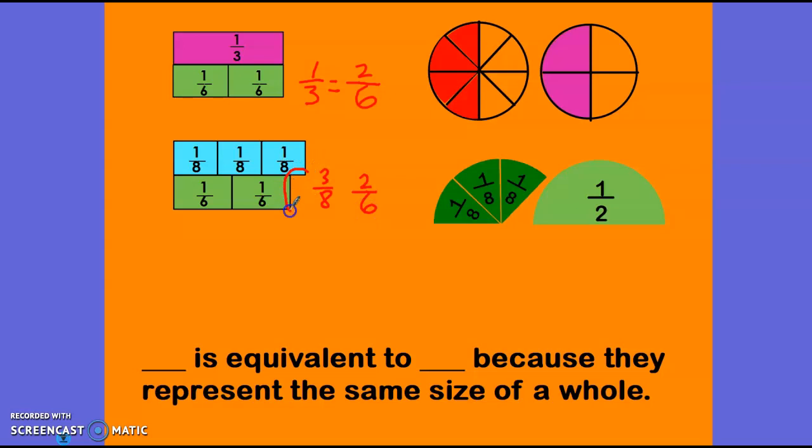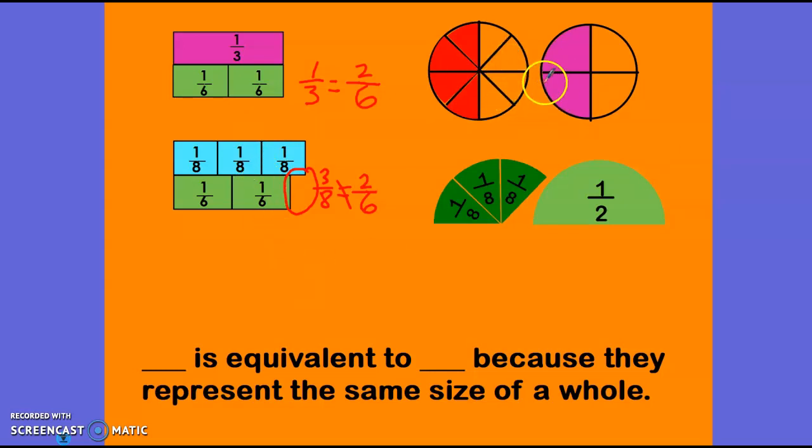However, as you can see, 3/8 is definitely greater than 2/6. The size is bigger and 2/6 is smaller, and therefore 3/8 is not equivalent to 2/6 because they don't represent the same size of a whole.